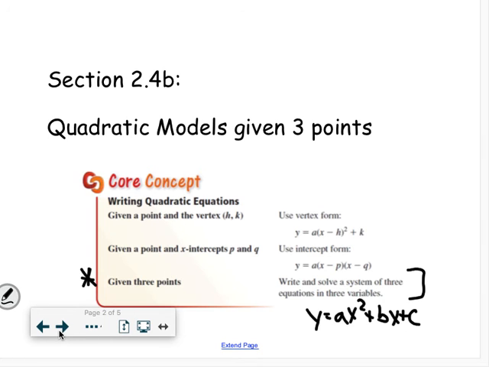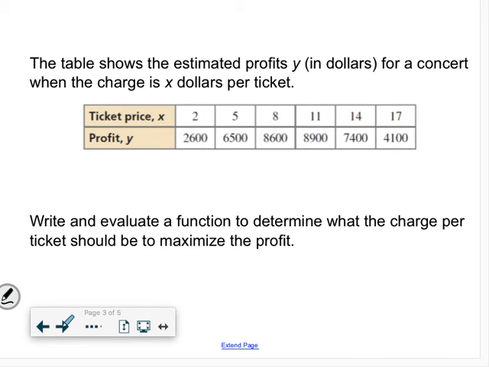Here's our example. The table shows the estimated profits for a concert when the charge is x dollars per ticket. We're going to need these values, so this is going to be our one example.